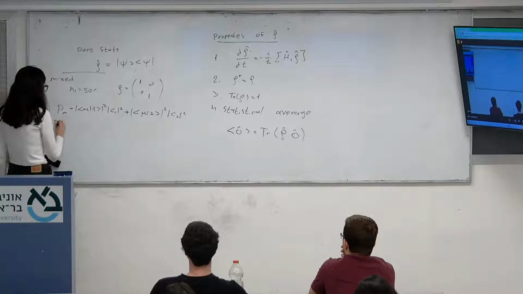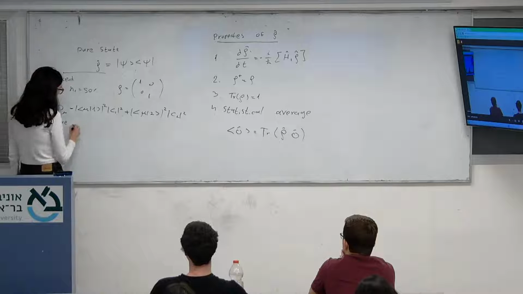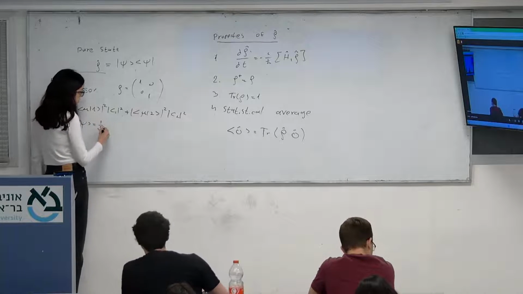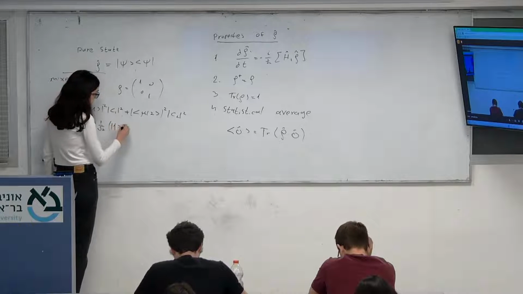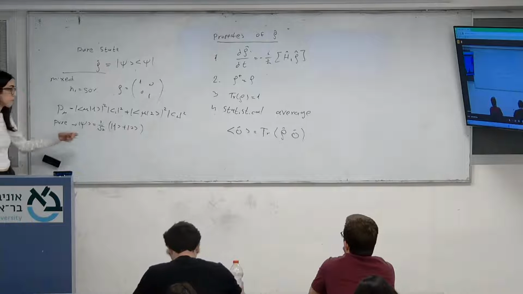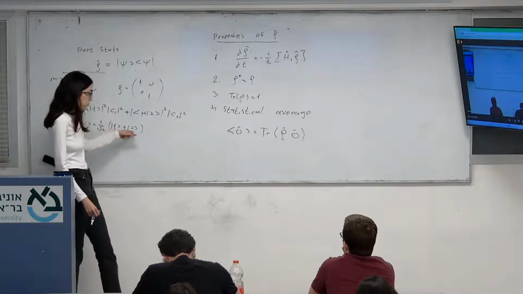So if I had a pure state, I have a wave function that's going to be a superposition of 1 and 2. So I would say I have 50% probability to measure state 1 or state 2.